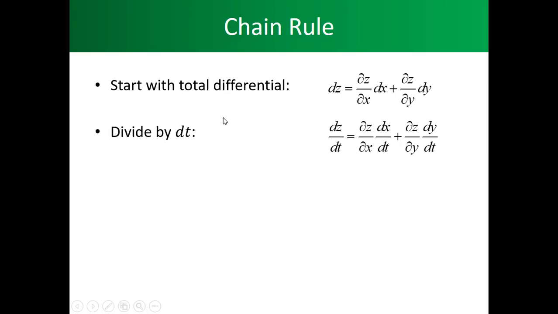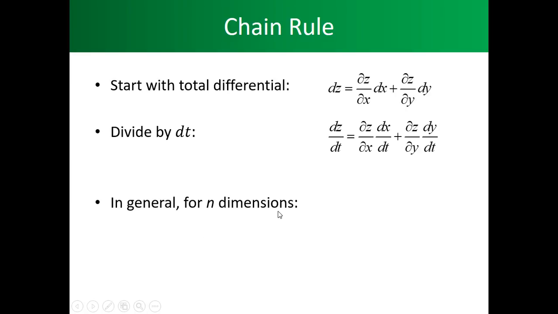Okay, so the first thing we would like to do is divide by dt. So if we divide everything by dt, we have dz over dt equals the partial of z with respect to x times dx over dt, plus the partial of z with respect to y, and we have dy over dt.